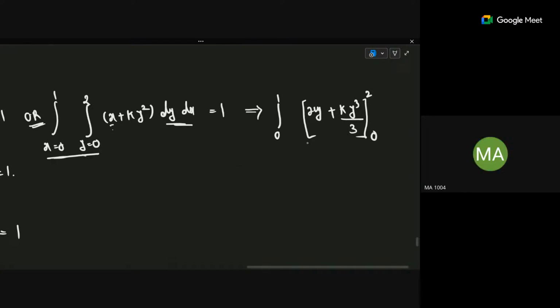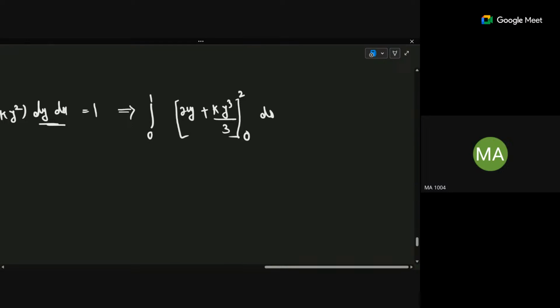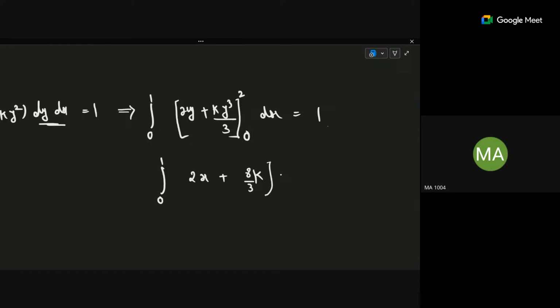So now check it if you want to. This is equal to 1, and integral 0 to 1. These are the limits of x. So twice x plus 8 by 3k dx is equal to 1.